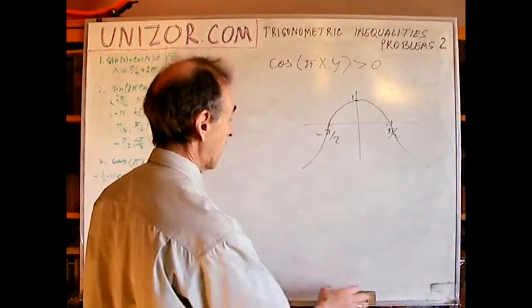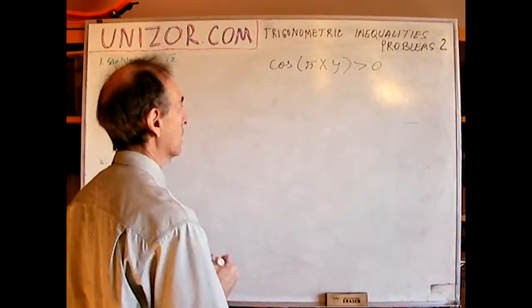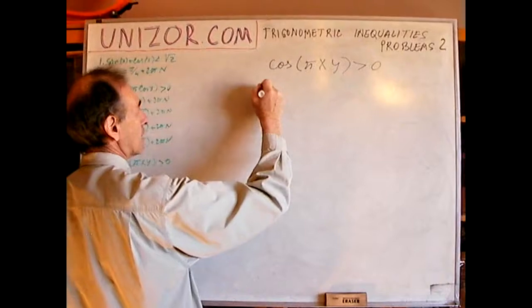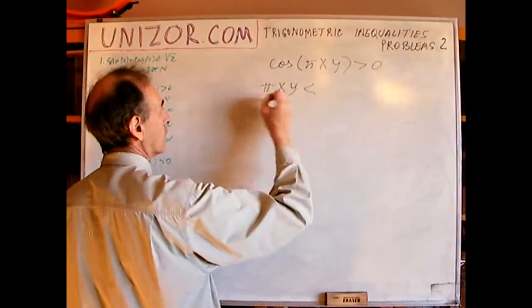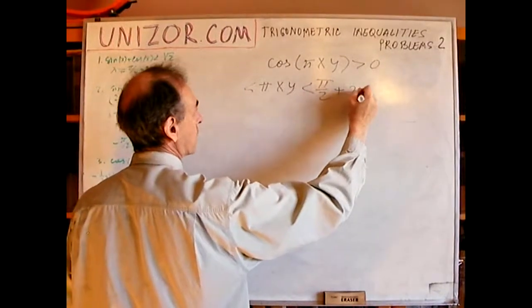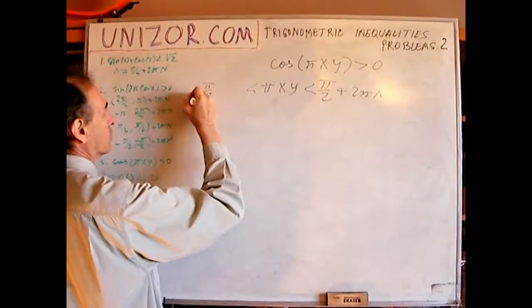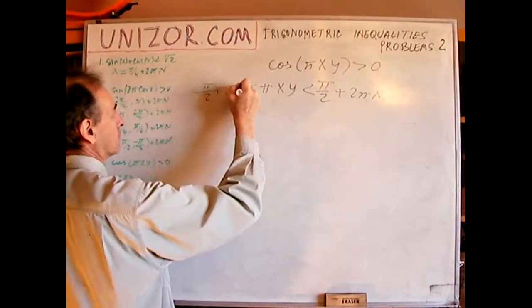So I can very easily express the condition on x and y by basically saying that pi xy should be from minus pi over 2 plus 2 pi n to pi over 2 plus 2 pi n, right?